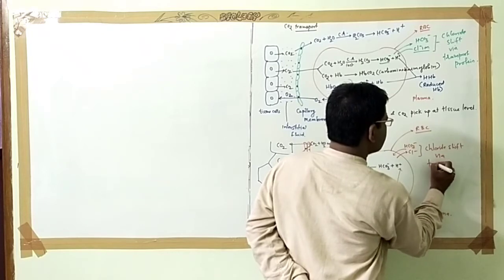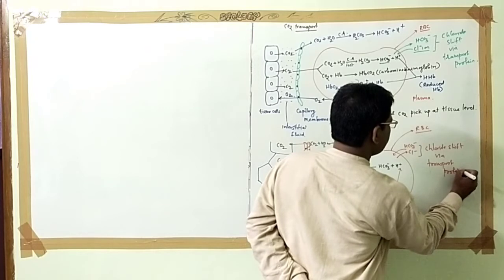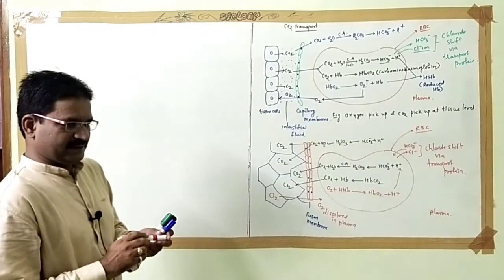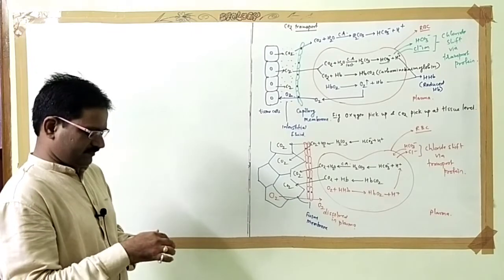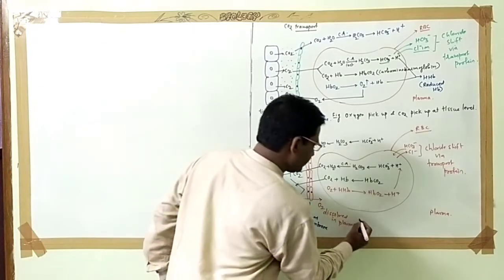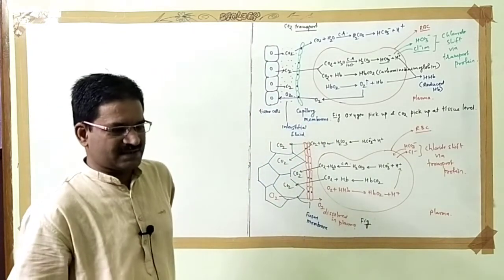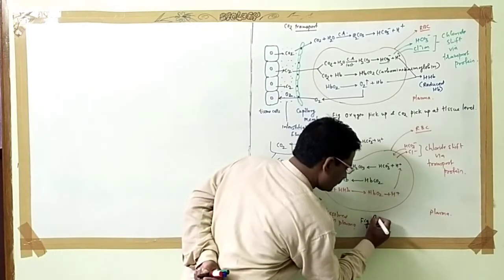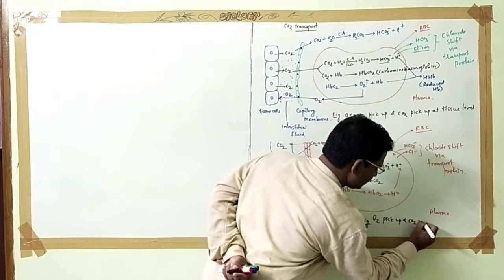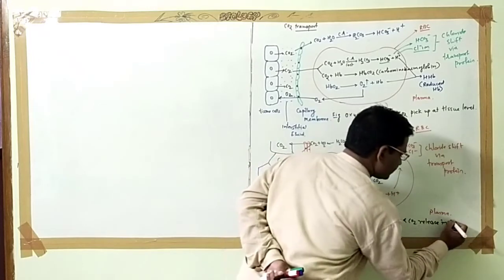Via transport protein. This is the diagram of oxygen pickup and CO2 release, O2 pickup and CO2 release in the lungs.